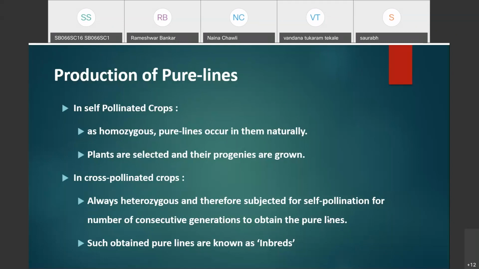After a number of consecutive generations, the heterozygosity will decrease and the progeny will become homozygous.